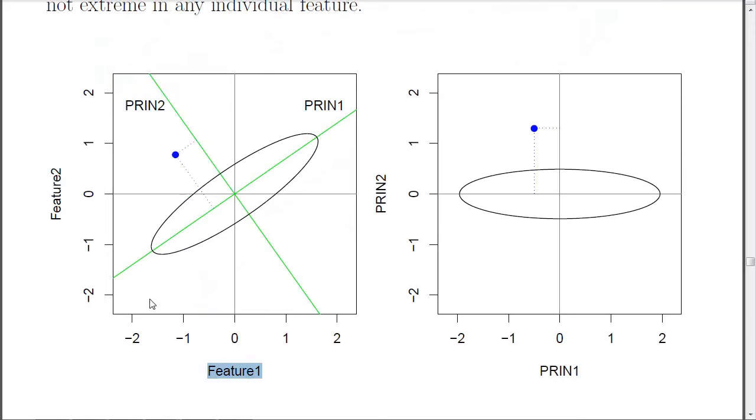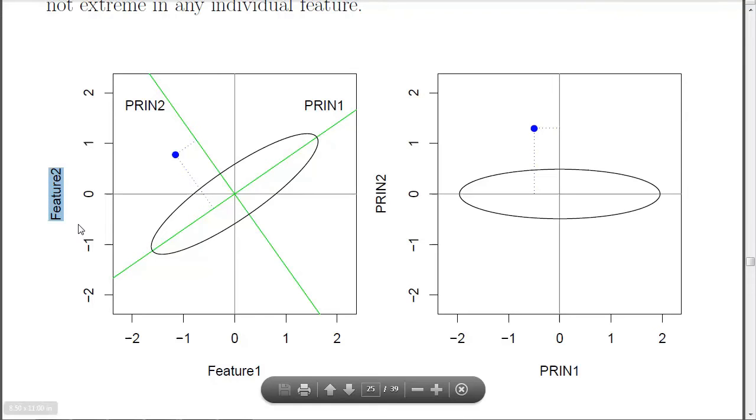The data set basically goes from like -1.5 to +1.5, and this blue observation is roughly at -1, so it's not extreme at all. Similarly, in feature 2, the vertical axis, the data goes from roughly -1.2 up to +1.2, and this value is like 0.8. So it's not an outlier in either of the dimensions.